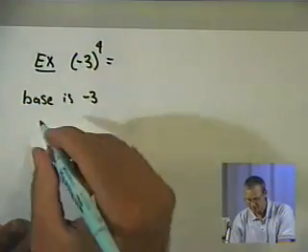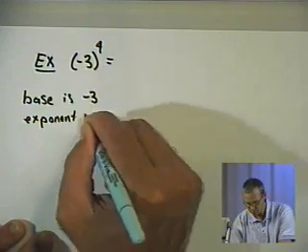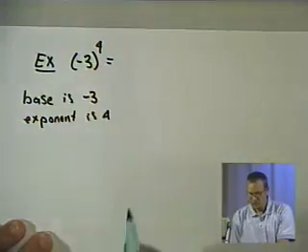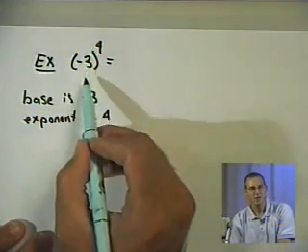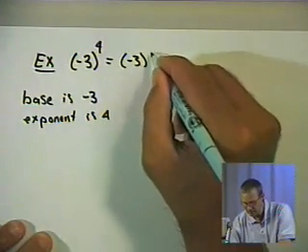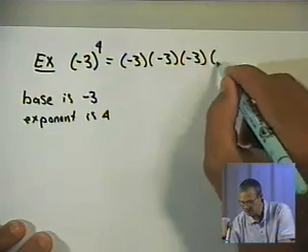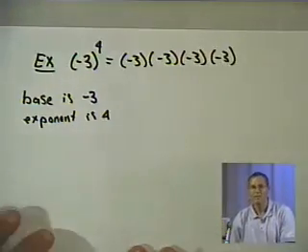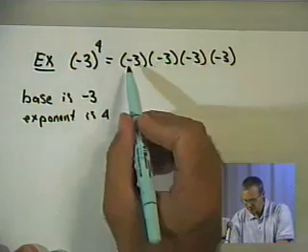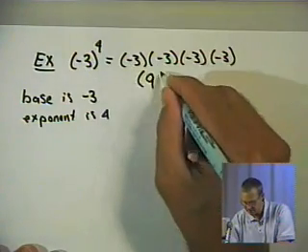So we want to take negative 3 times itself 4 times, or negative 3 times negative 3 times negative 3 times negative 3. And let's go ahead and work this out. Negative 3 times negative 3 gives us a positive 9. Negative 3 times negative 3 here is also 9. And 9 times 9 is 81.